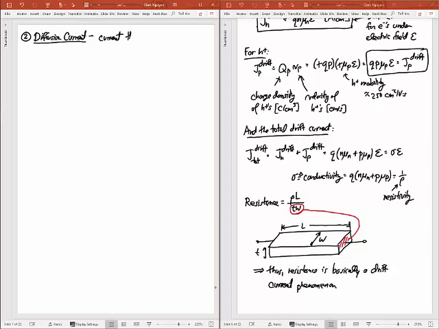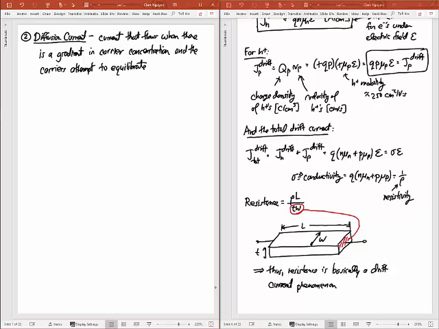So this is the current that flows when there is a gradient in carrier concentration, where by carrier I mean the charge carrier, either electrons or holes, and the carriers attempt to equilibrate.